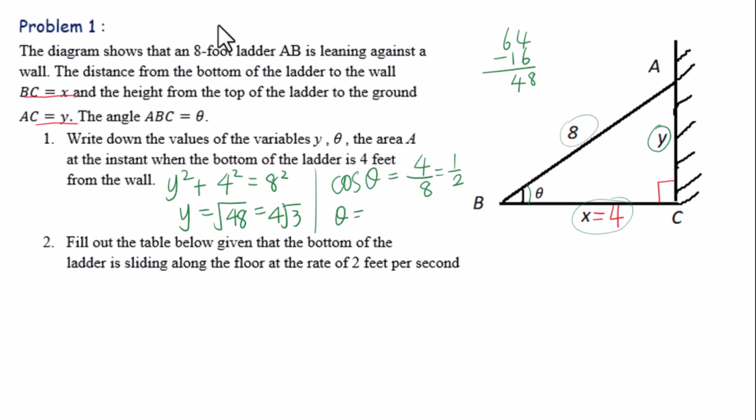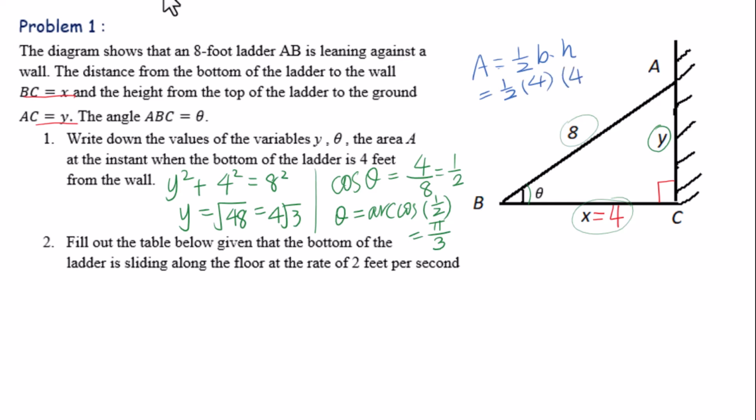So theta equals arc cosine 1 over 2, equals pi over 3. For the area, equals 1/2 of base times height. 1/2 base is 4. Height is y. We already figured out 4 square root of 3. That equals 8 square root of 3.